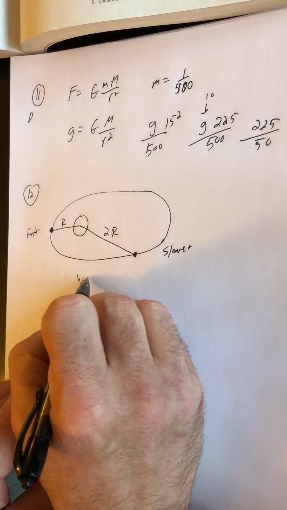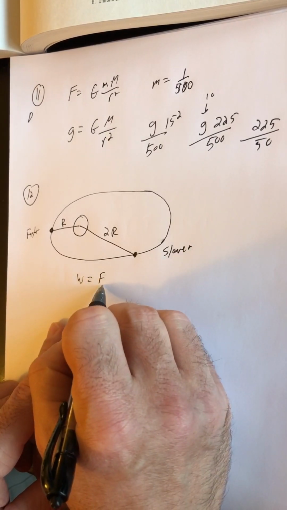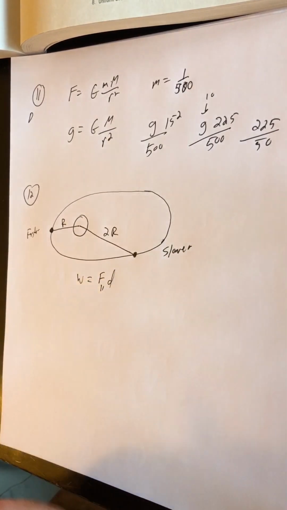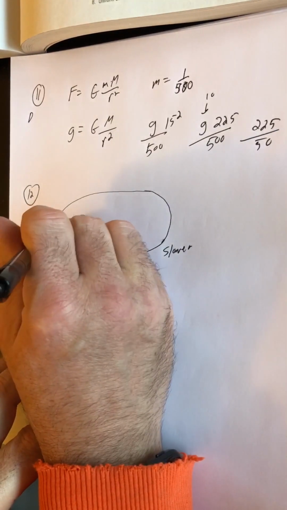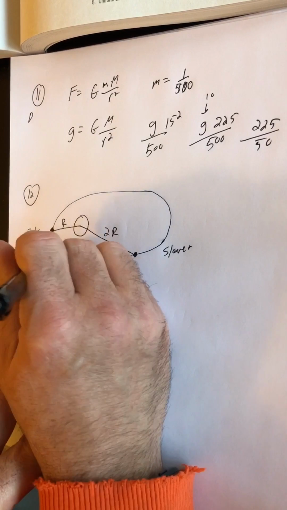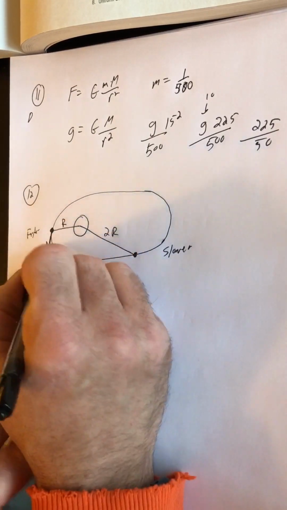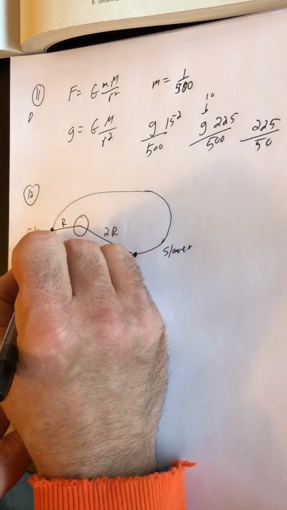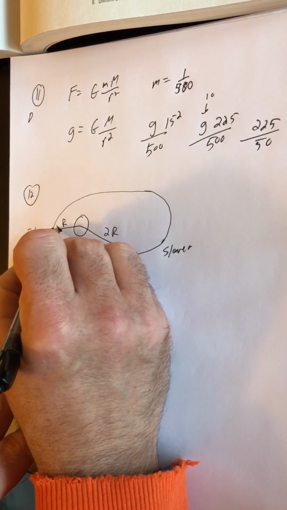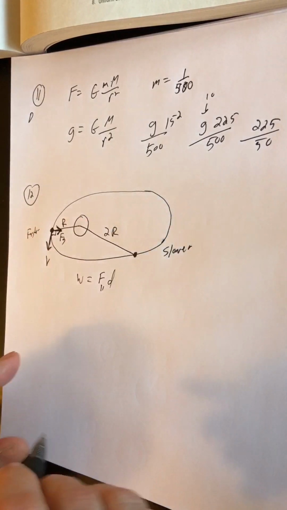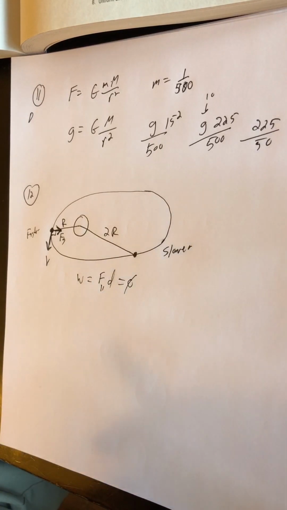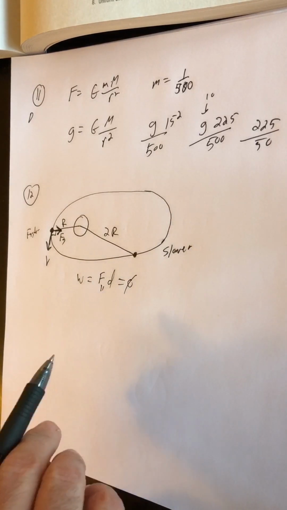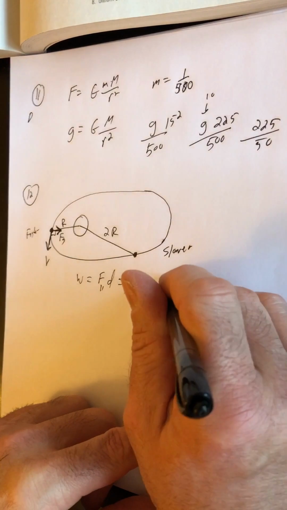So let's recall that work is force times distance when they're parallel to each other. And at any given moment, the velocity here, although that's a bad drawing, is perpendicular to the force. So there's no work being done, and it pops up later in one of the problems. So if there's no work being done, there has to be conservation of energy.